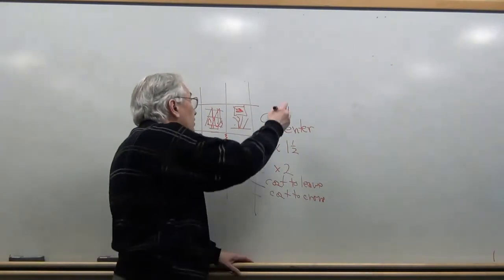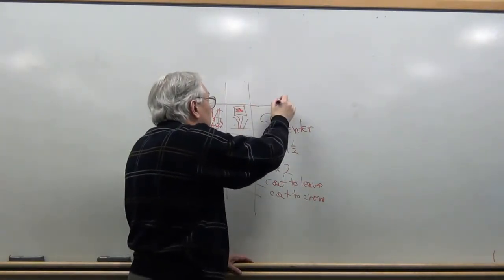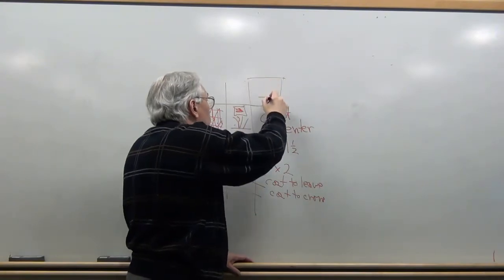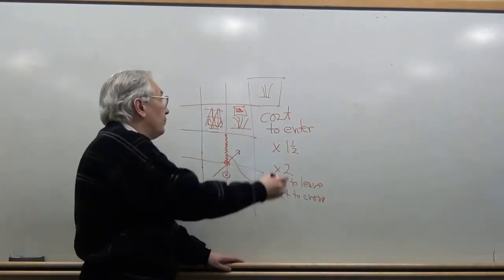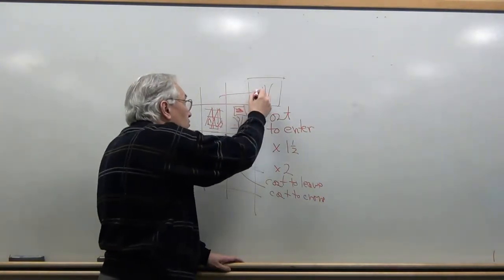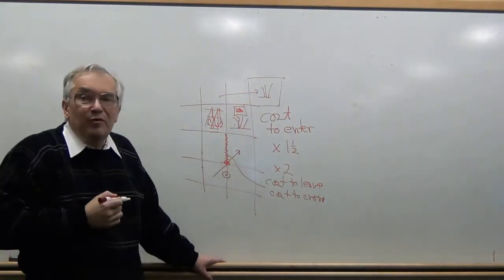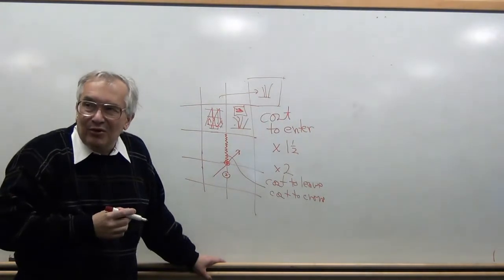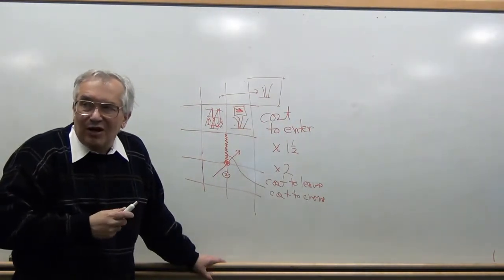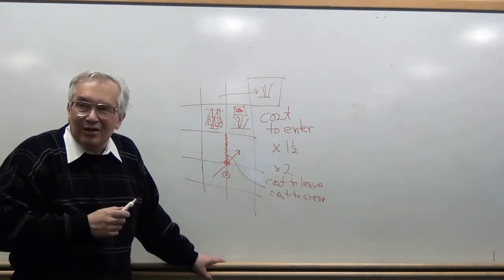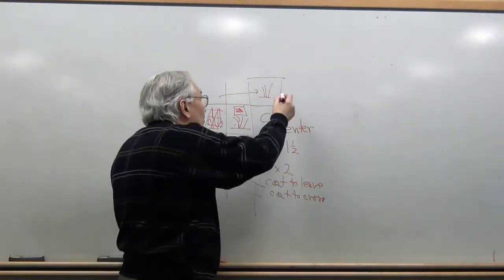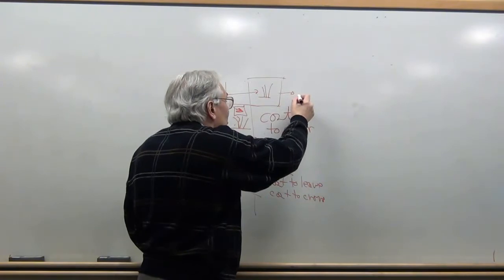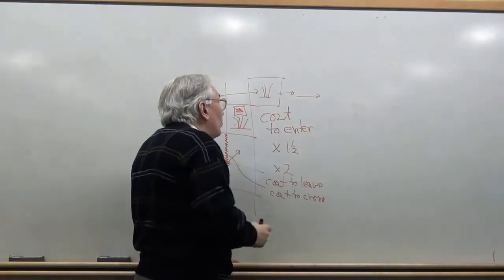Another variation on this, I'll use swamp, I could use mountains, is you could say you can move into the swamp, but once you've moved into it, you have to stop for the turn. That is, the cost is variable. The cost is you can enter and you then have to stop, and you then are allowed to advance 1 or 2 spaces a turn, depending on what the rules are.